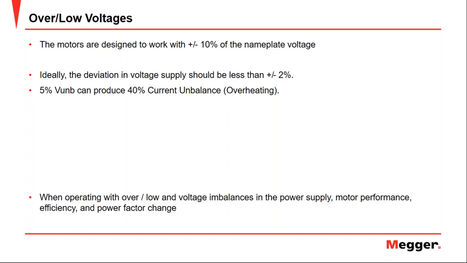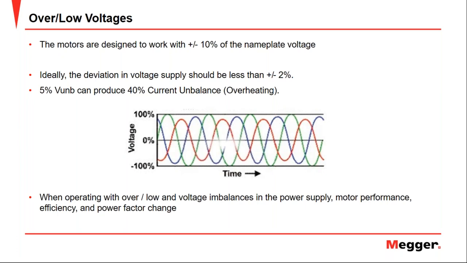According to the OEMs, motors are designed to work with plus or minus 10% of the nameplate voltage. And the standard indicates that deviation in the voltage supply should always be less than plus or minus 2%. We have to know that variation in the voltage produces changes in the motor performance.